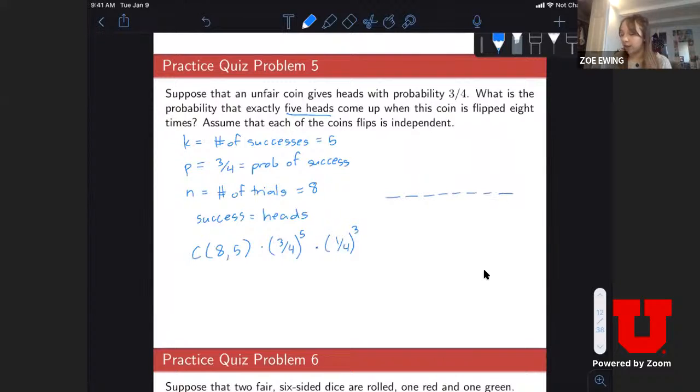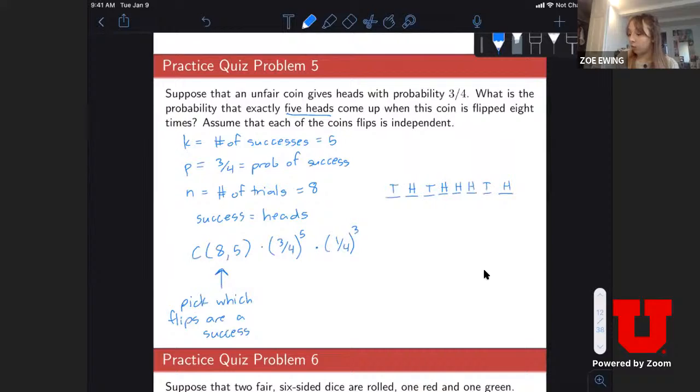So essentially we have 8 flips, and first, this first term, we want to pick which flips are a success. So out of these 8, let's pick 5 that are a success. Okay, and then the rest automatically fill in with tails.